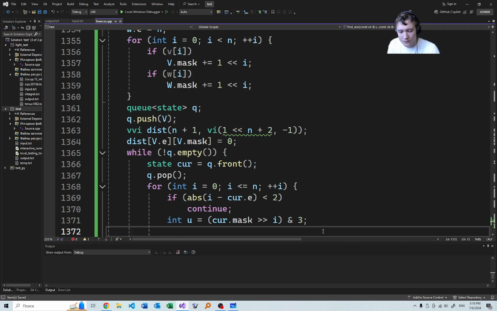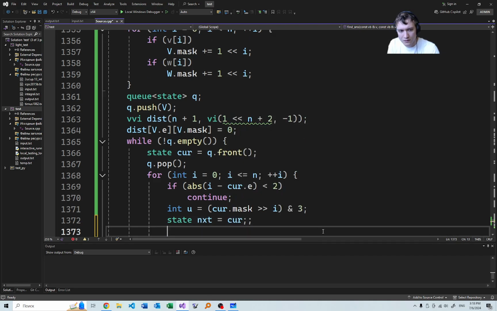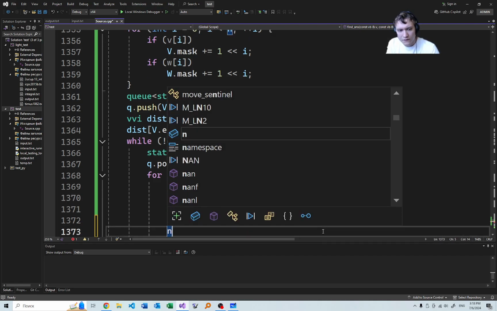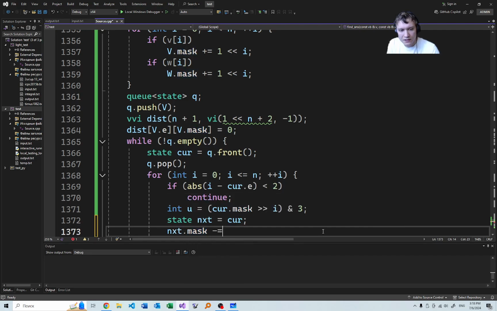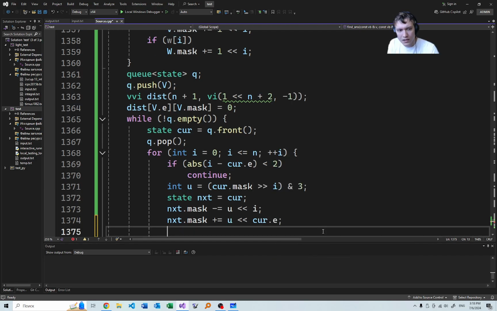Then from nxt.mask I need to remove this U, and then I need to add it to the missing place. And it follows that I need to replace nxt.e with I.